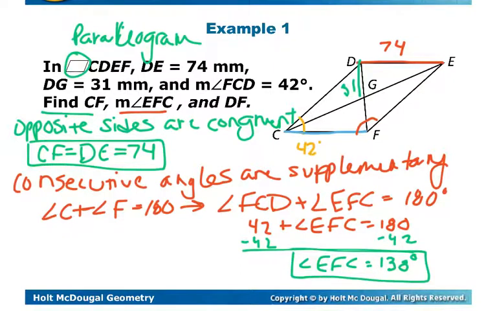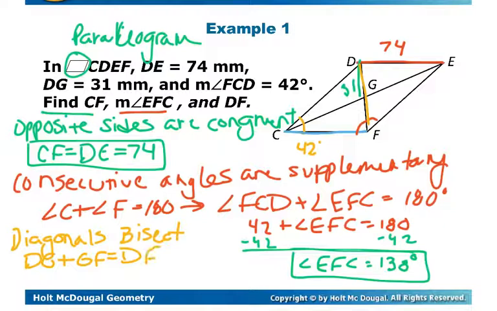Alright, and then the last one is DF. That's the entire length. We know that's happening because diagonals bisect each other. And so we know that DG plus GF is going to equal DF, which is what we want.